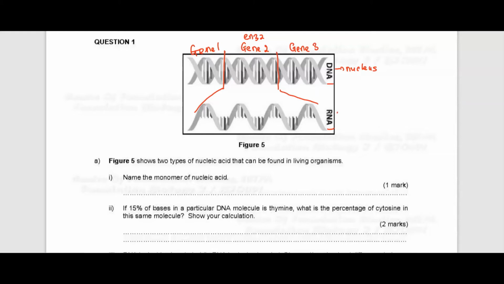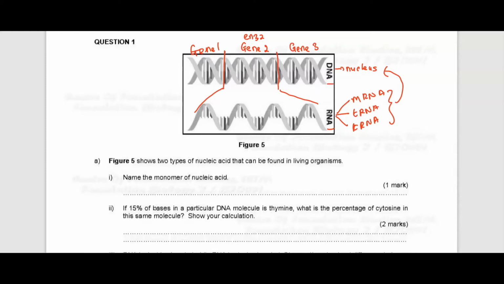Basically there are three types of RNA. The first is mRNA, which stands for messenger RNA, which copies information from the DNA from gene 2. Then there is another type of RNA, tRNA, which is transfer RNA. The third one is rRNA. All these RNAs are produced in the nucleus, to be specific in the nucleolus within the nucleus.